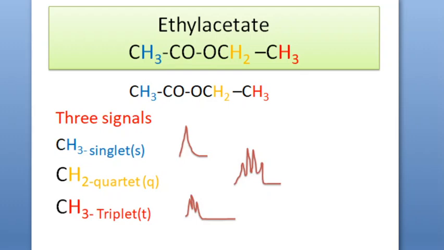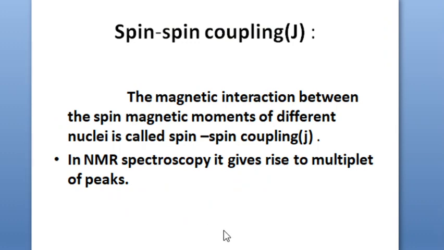This is given in terms of spin-spin coupling. The splitting of a signal is called spin-spin coupling or J coupling. Magnetically active nuclei, that is hydrogen and hydrogen-like atoms having odd mass or odd atomic number, interact between them in terms of their spin magnetic moment.